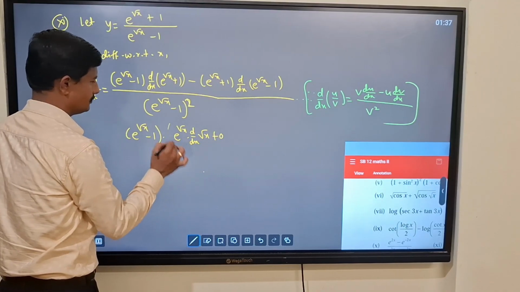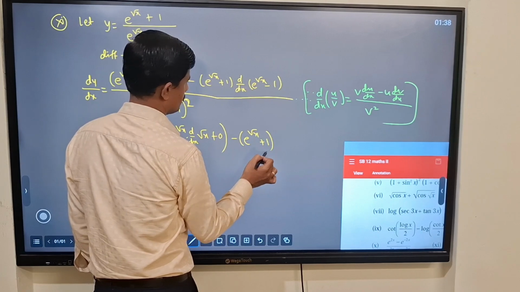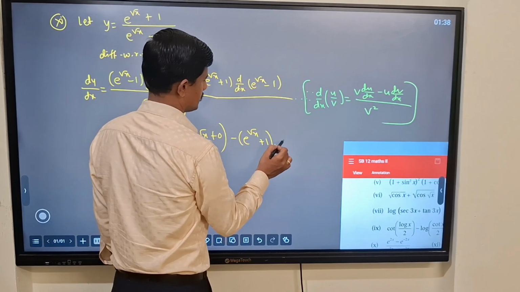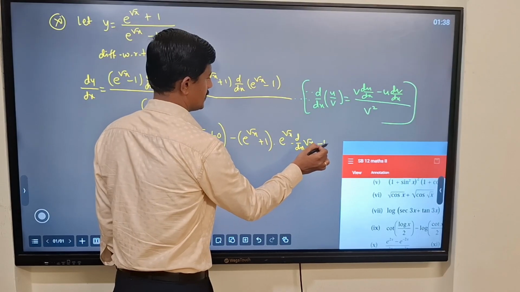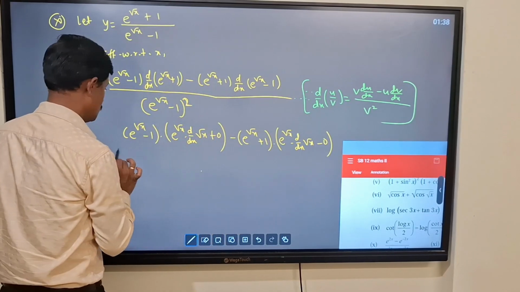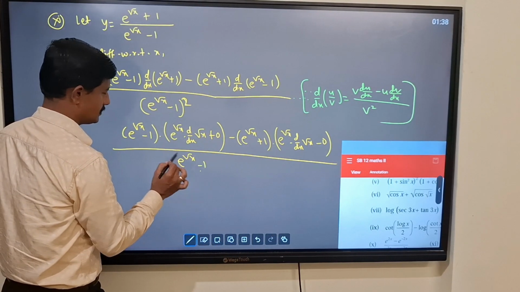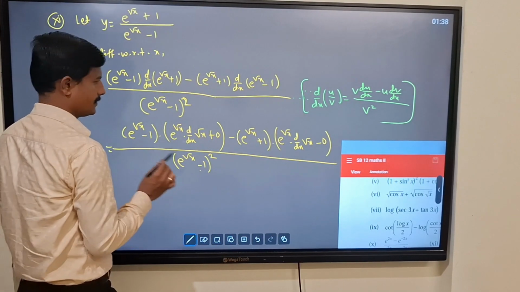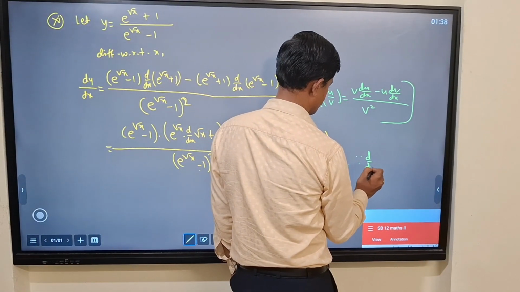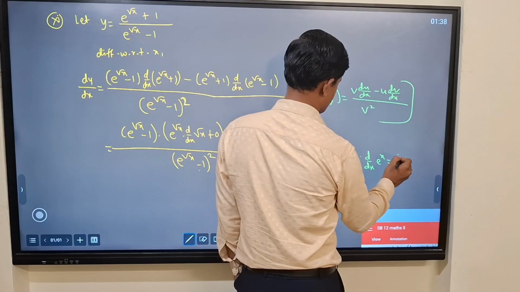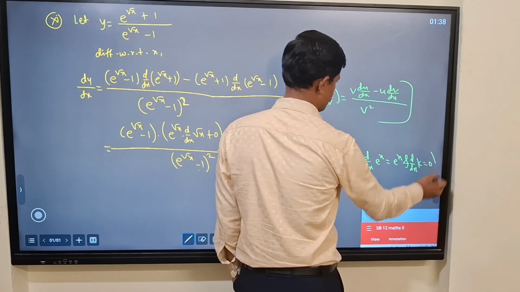Differentiation of 1 is 0, minus e raised to root x plus 1 into e raised to root x d/dx of root x minus 0, upon e raised to root x minus 1 whole square. Which formulas we used? d/dx of e raised to x is e raised to x and d/dx of constant is 0.